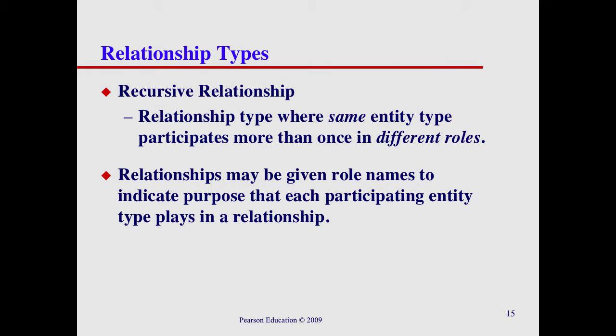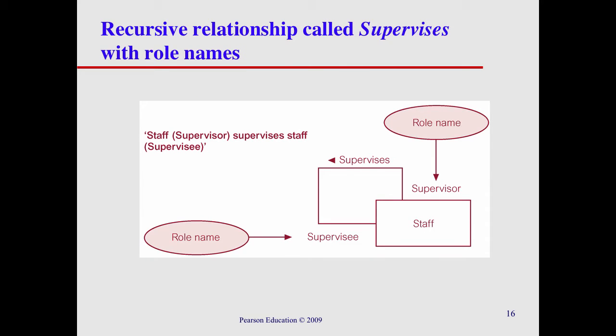So then there's some other things about relationships. Sometimes you have what's called a recursive relationship, where both ends of the relationship are the same entity. An example would be a staff member who supervises other staff members, so a manager, essentially. In this case, it's called a recursive relationship because the line goes back to the entity itself.